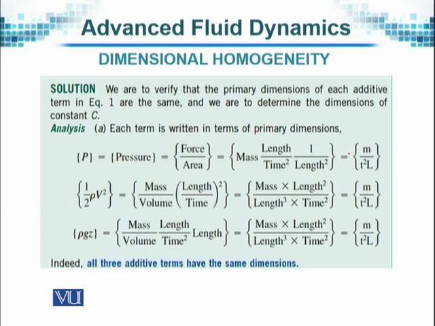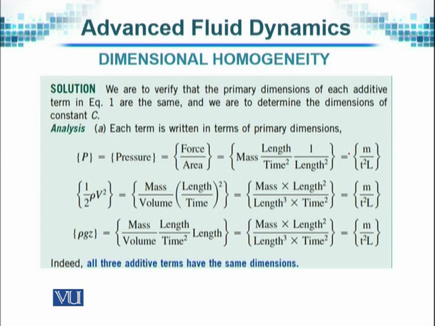The second term is half rho into V square. Half is a constant, so it will have no dimension. Rho is density, which is mass per unit volume, times V square, and velocity is distance over time.